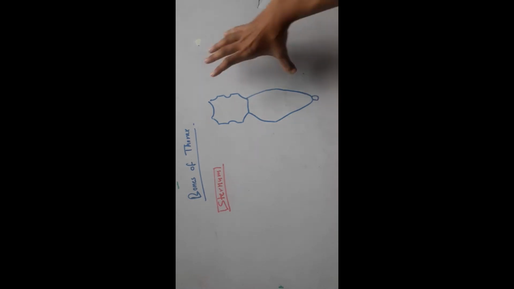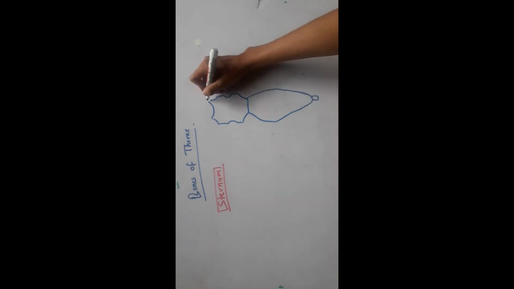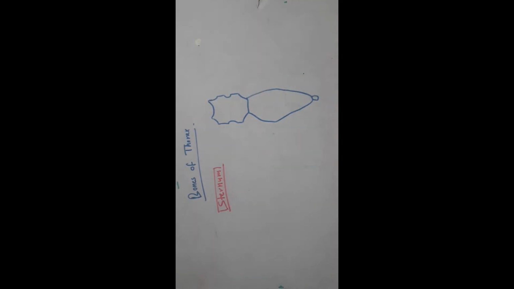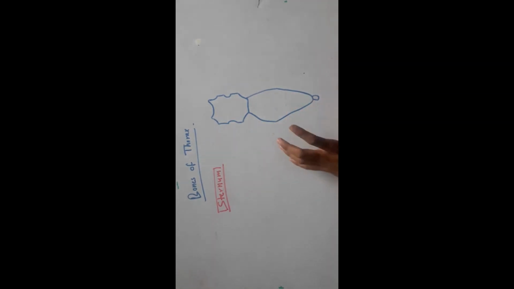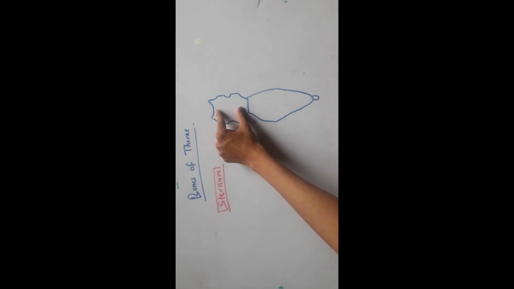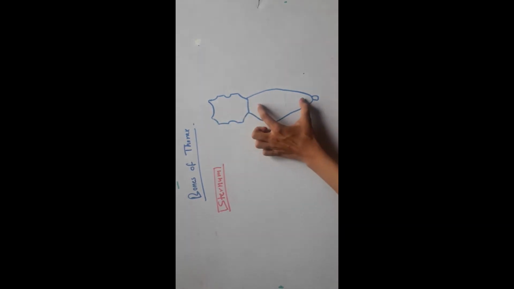This is the typical shape of your sternum. As you can see, this bone can be divided into three distinct parts. The head is also called the manubrium. The manubrium, and this is the body of the sternum, and the small part, this one, is called the xiphisternum. Let me label these.